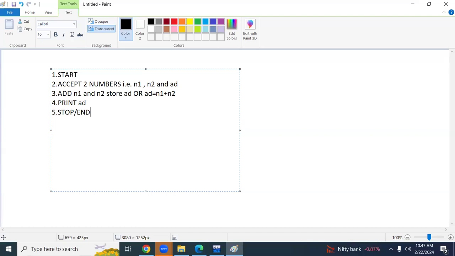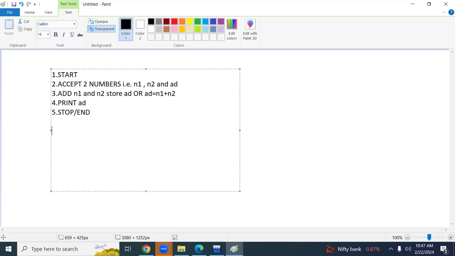Is everybody getting the idea? For solving any program, whatever the different operations and whatever we need to input and output, both things are going to be written inside the algorithm. So one more algorithm I'm going to solve, and afterwards I'll move directly towards the flowchart.